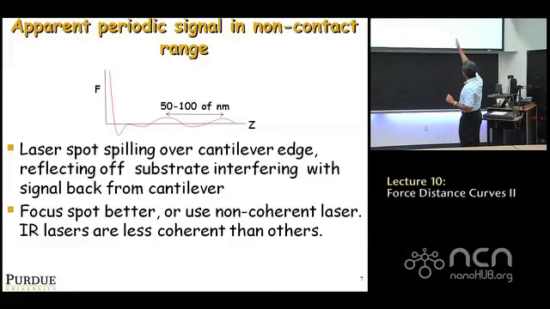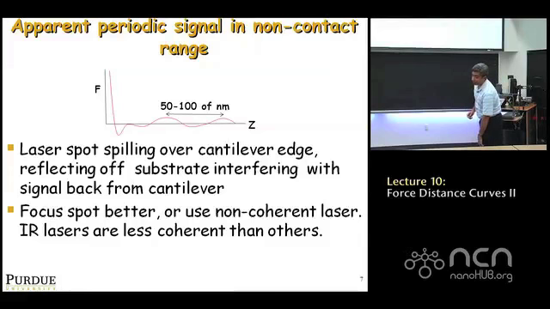It turns out that there's some periodicity associated with these wavy features, and it has to do with the trigonometry of the beam deflection system, the wavelength of the laser, and so on. So the way to solve this is, of course, to make sure that your laser spot is entirely on the cantilever, or if your laser spot is really too big, change your laser, make it a smaller laser.